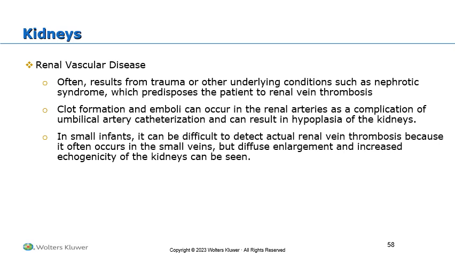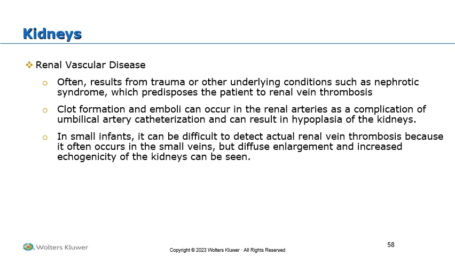Clot formation and emboli can occur in the renal arteries, and then they can actually move to the renal vein. One cause of neonatal clot formation, especially in our premature population, would be from umbilical artery catheterization. So that's going to be one of their concerns of having to undergo that procedure.